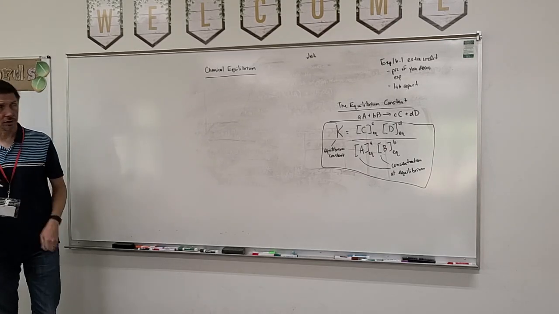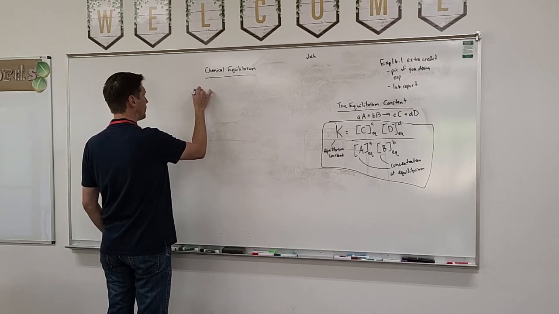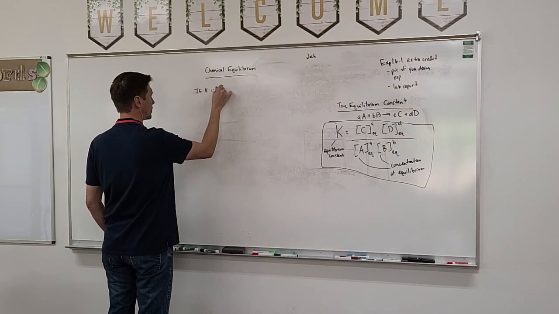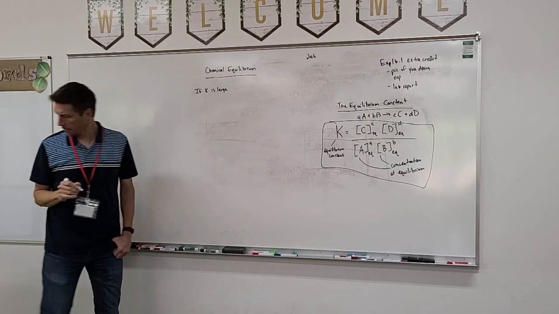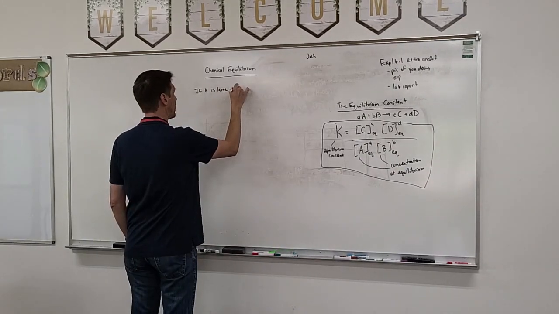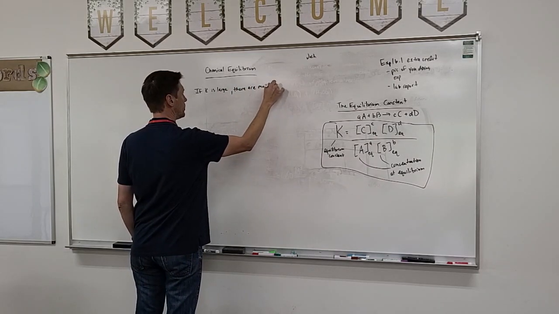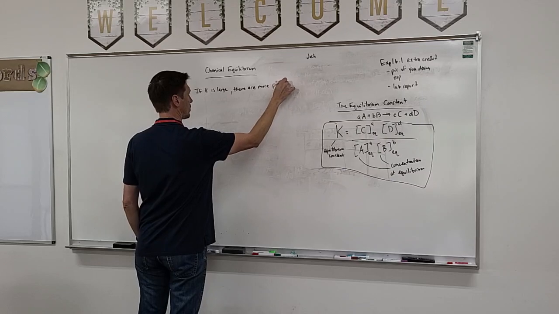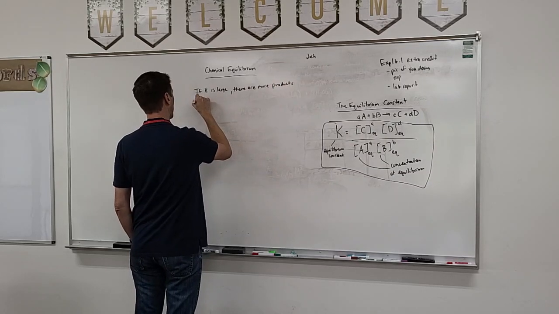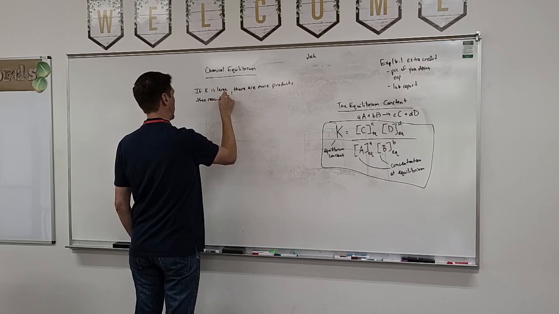More importantly, I want to make sure that you guys understand this. When you're calculating the equilibrium constant, if K is large, there are more products than reactants at equilibrium.